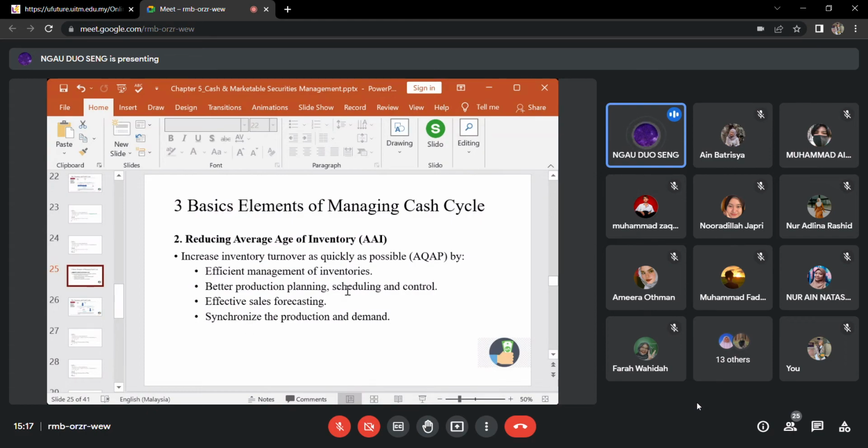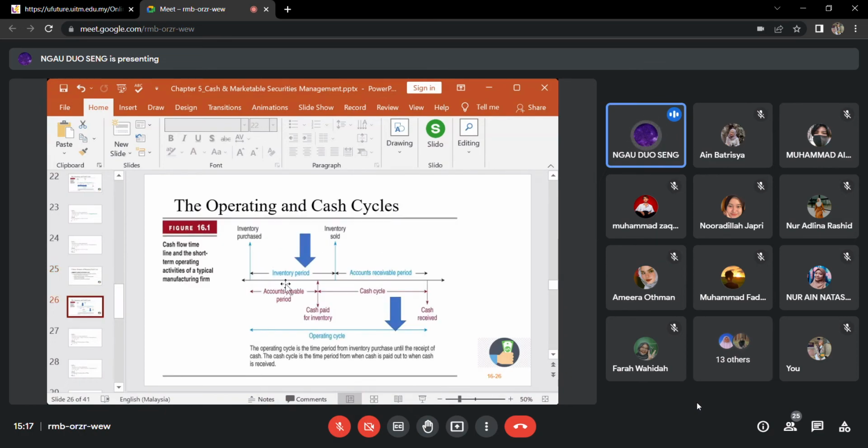You have demand, then only you produce, then there is no waste or stock sitting in inventory for a long time. So for this one, shorter is better. Reduce the average age of inventory, the inventory period, you shorten it.